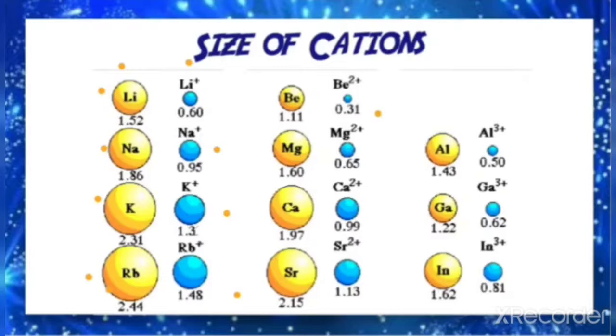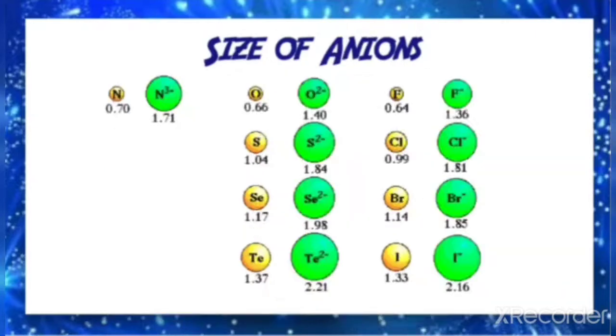Similarly, for the beryllium ion, magnesium ion, calcium ion and strontium ion, compared with the parent atom, the size is reduced and the values are given here. So it is clear that the size of the cations is less than the size of the parent atom.